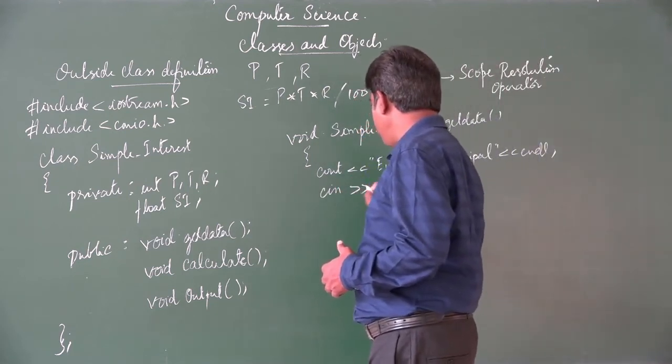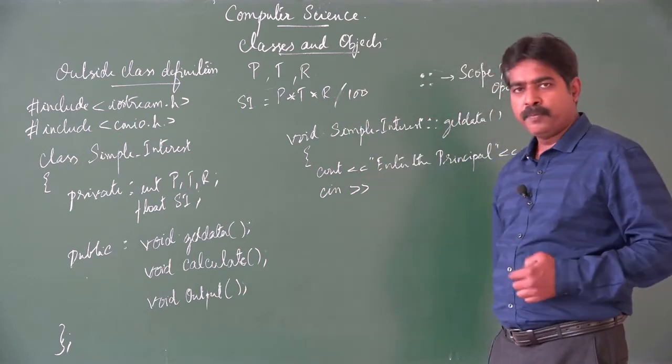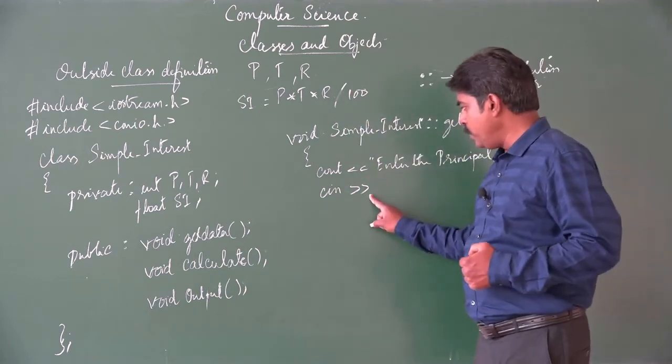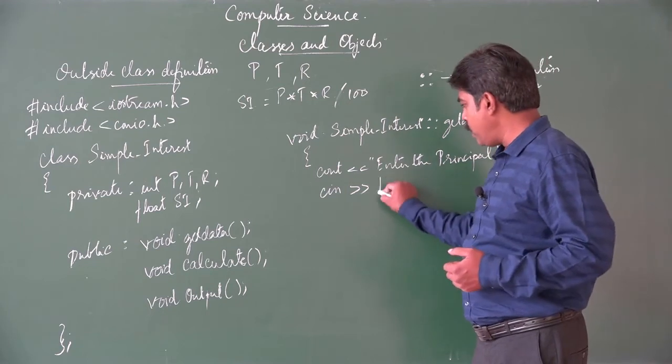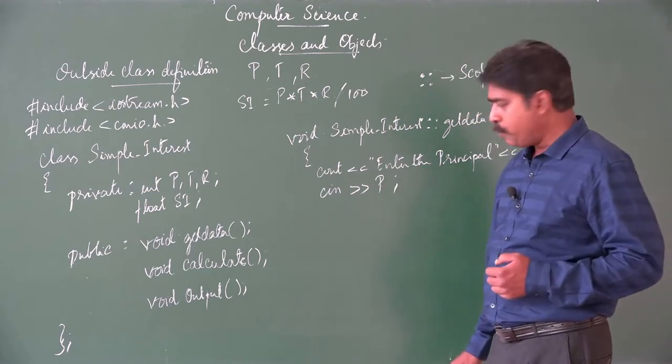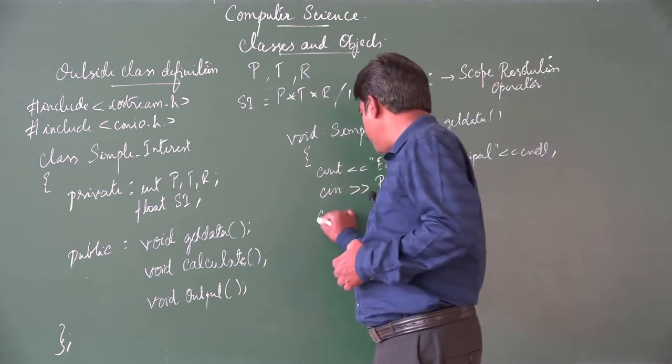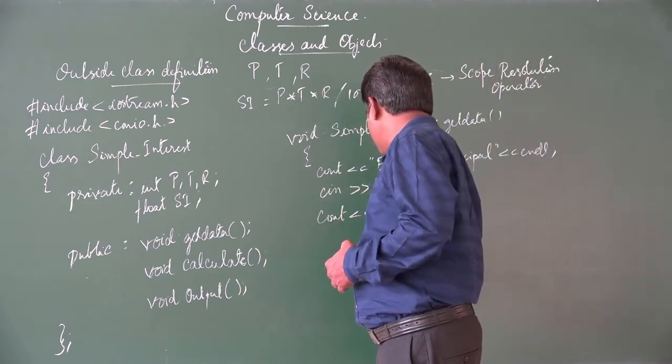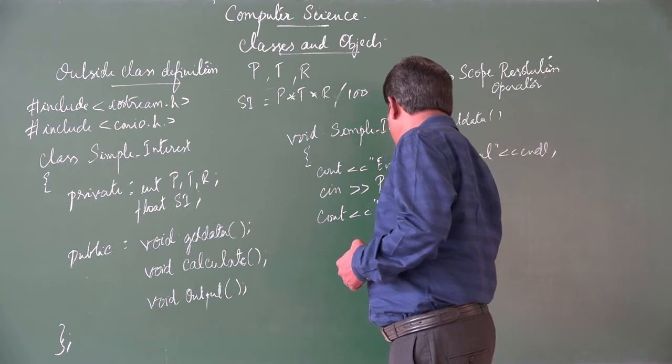Cin will be the principal amount, we need to take the input, so we take the variable P. P accepts the principal amount, and then we go for cout, enter the time.